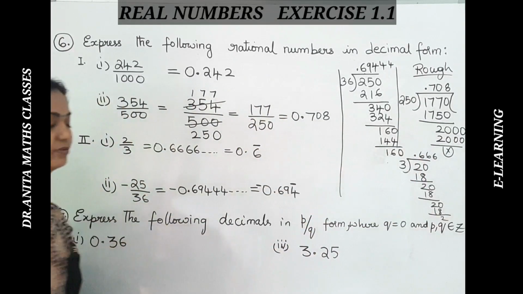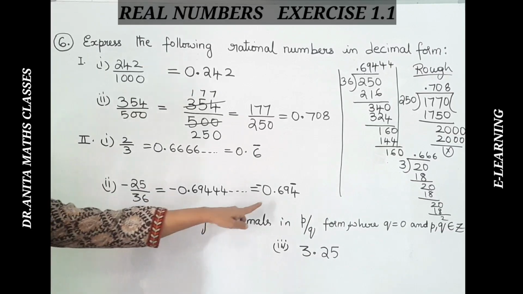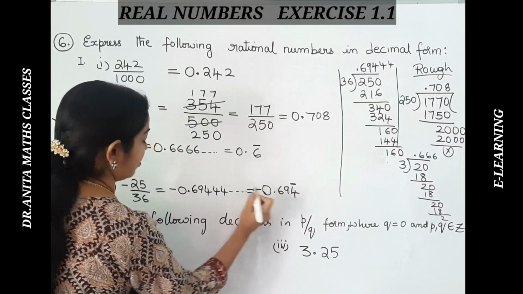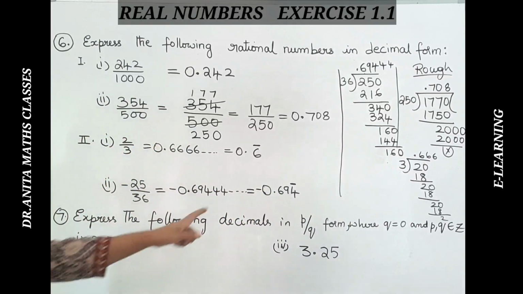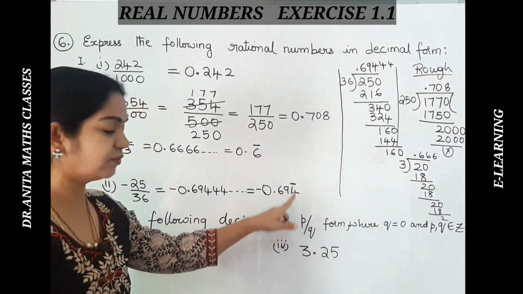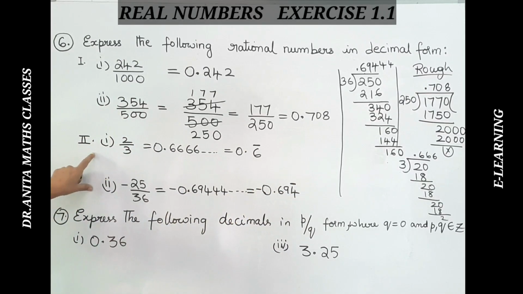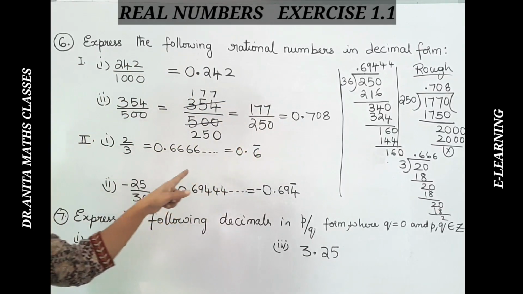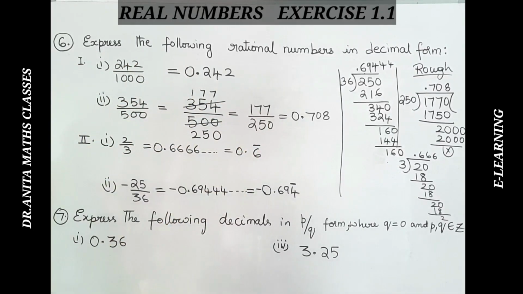So it is going on. The 4 is being repeated here. Since the negative part is also there, negative 0.694 with a bar on the 4. Okay, we have changed the rational numbers into decimal numbers. The first part we got terminating decimals. The second part we got non-terminating repeating decimals.